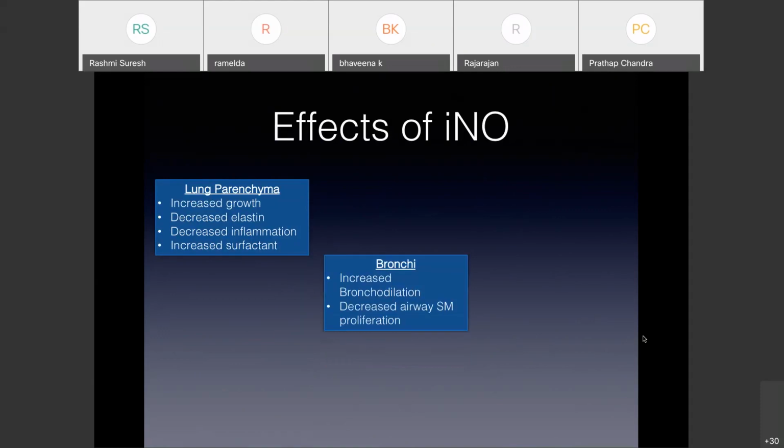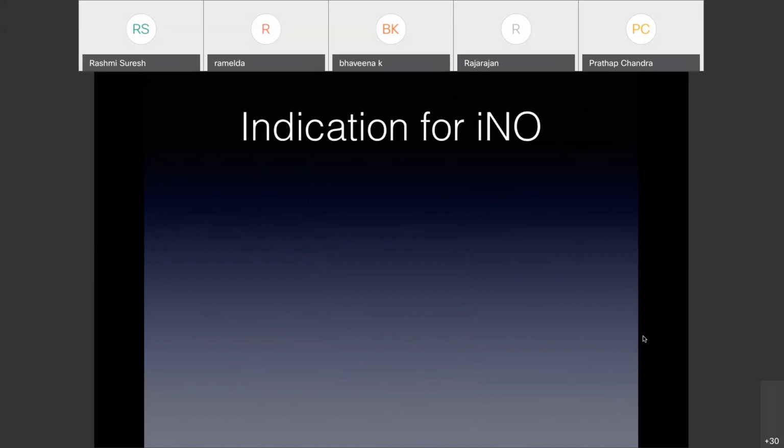When coming to the bronchi, it usually increases the bronchodilation and decreases the airway smooth muscle proliferation in the bronchi. Coming to its effect in the vasculature, it usually causes increased vasorelaxation, also helps in angiogenesis. I hope you're all there with me so far. So what are some of the indications for using the nitric oxide? Generally, we use it for babies more than 34 weeks.